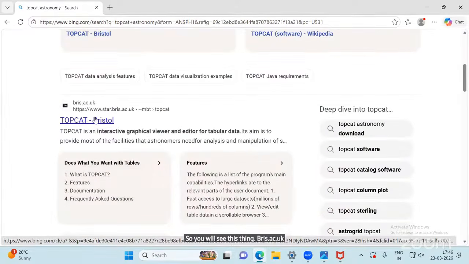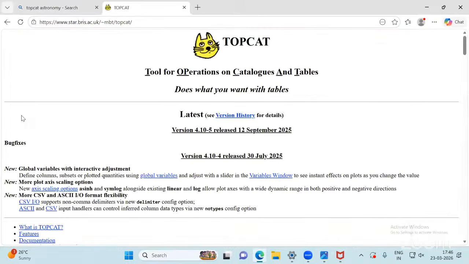It is a TopCat. And what's happening here? You also share it. I showed them this already. No, it's your screen.